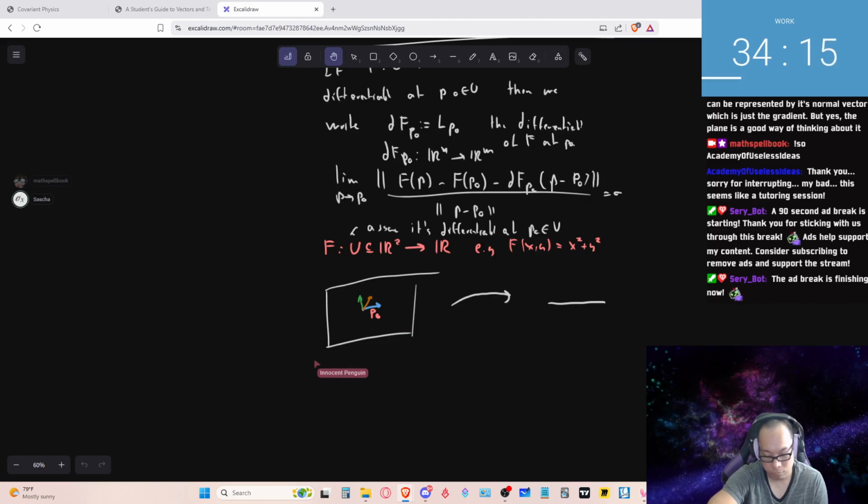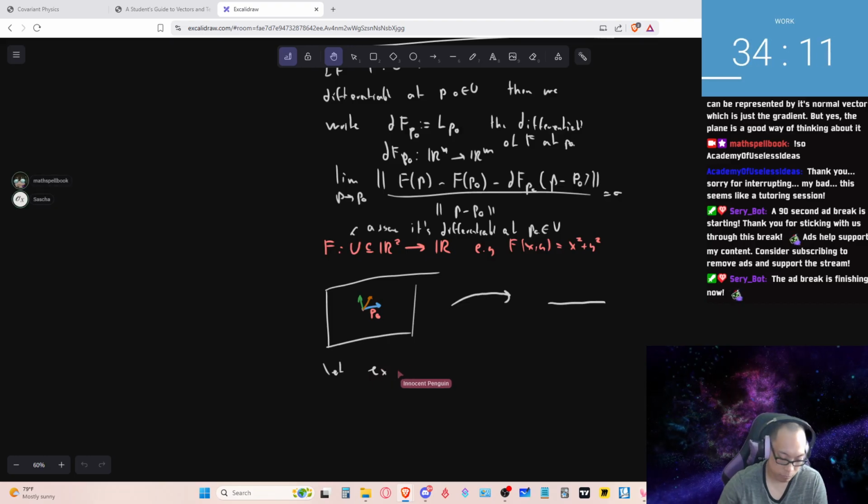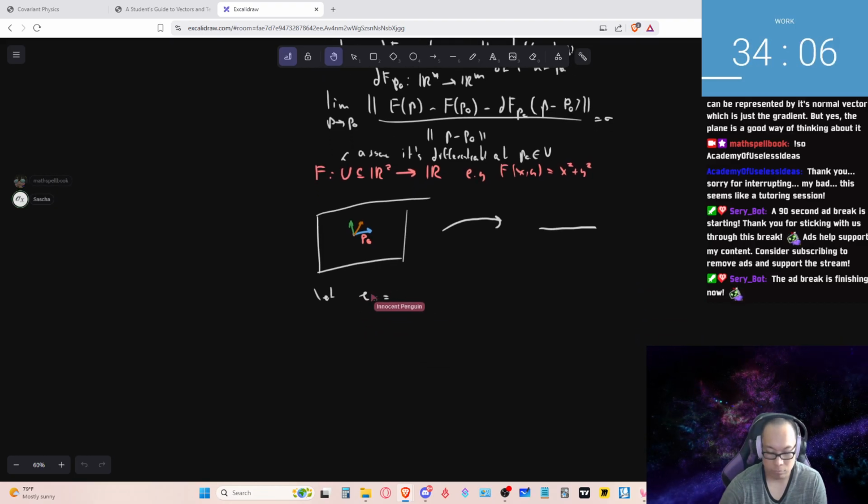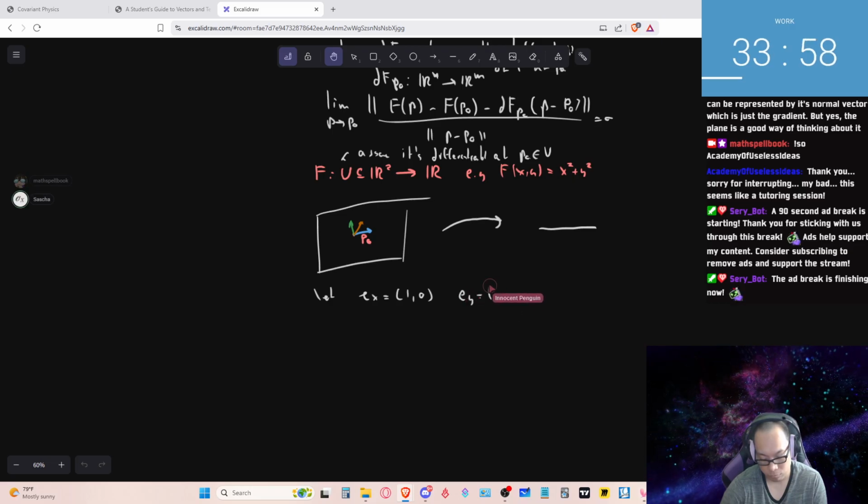So I will fix some notation. Let E of x, with a lower x like that, be the standard vector (1, 0), and E of y be (0, 1). You probably call them i and j or something like that.